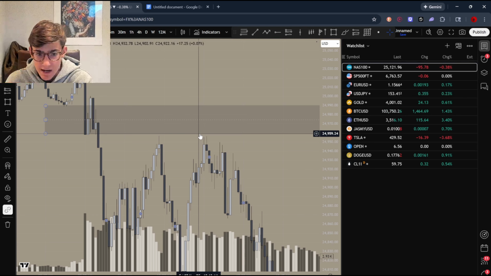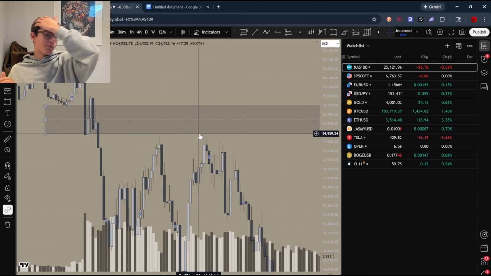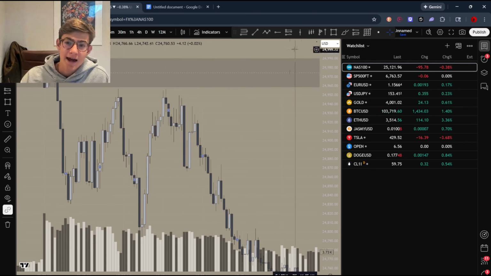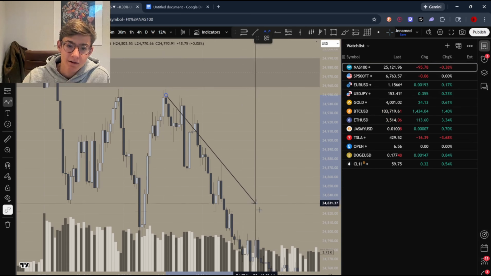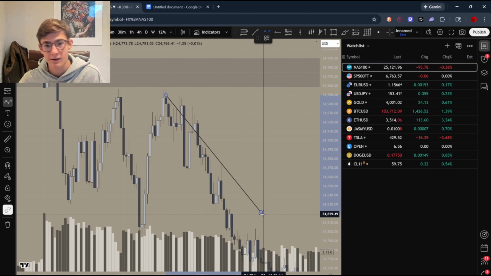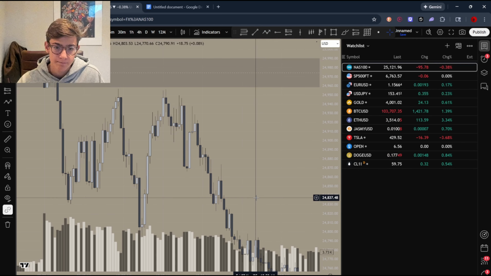So there are more sellers than buyers on the NASDAQ. And would it really matter on which index you took your trade on? Not really, but we would have a cleaner trade if we took it on the NASDAQ because it's just more bearish, right? There's more downside potential.